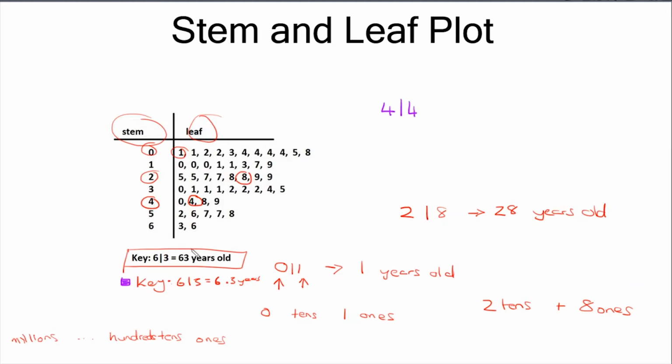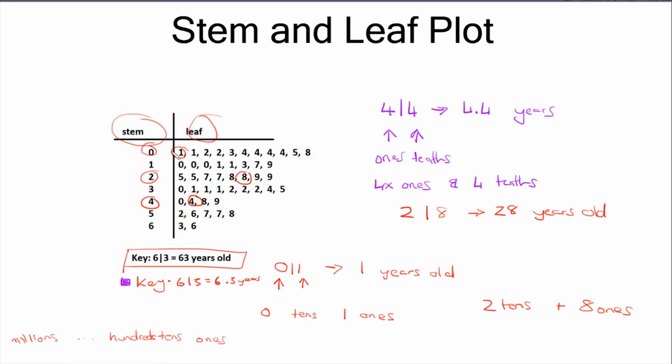Well, that was 6.3 years, so this one here is going to be equal to 4.4 years. How did we get this? In this case, these represent 1s, and these represent tenths, or 1/10 of 1. So we have 4 times 1s, and we have 4 tenths.